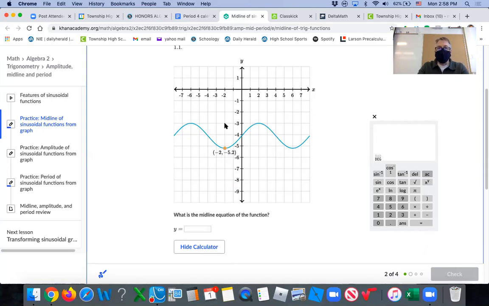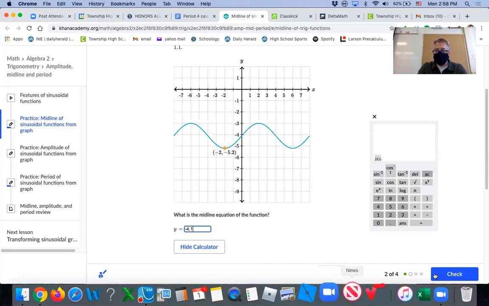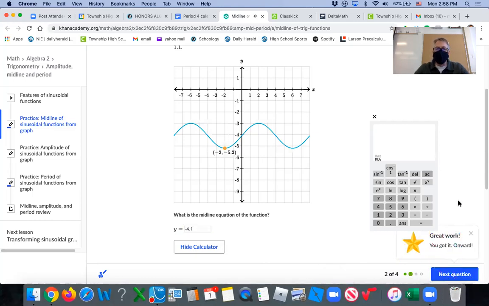Half of that would be 1.1. So that would put me at negative 4.1, and that would be the midline. y equals negative 4.1. That would be this horizontal line.